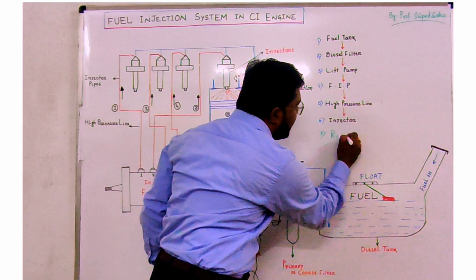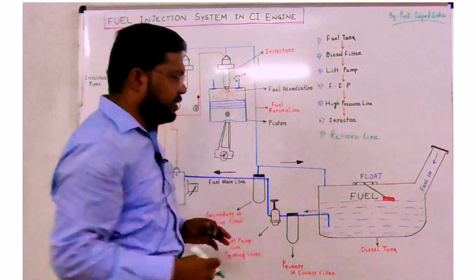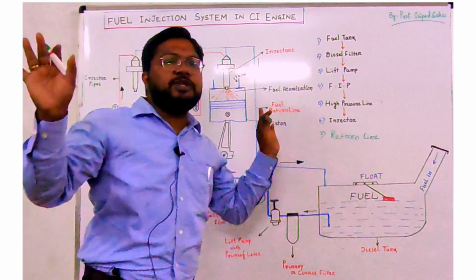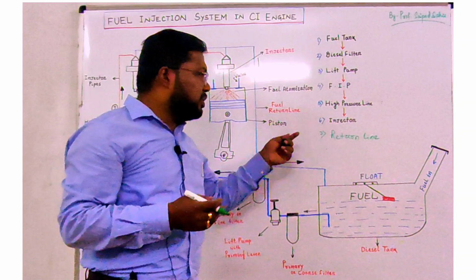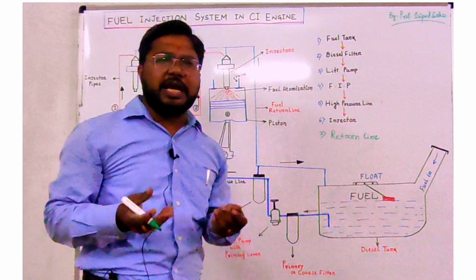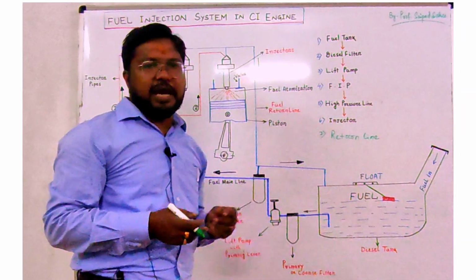These things we will discuss in detail. These components are common in any CI engine. Maybe in some modern vehicles, with the new technology, 1-2 other components like sensors and actuators are there. But these are very common to all CI engine systems.